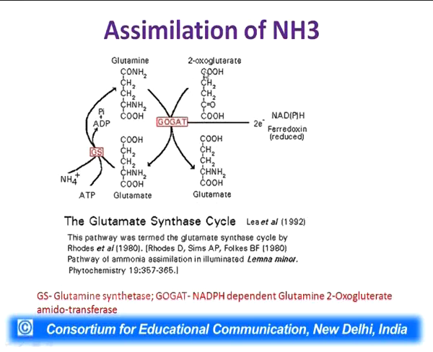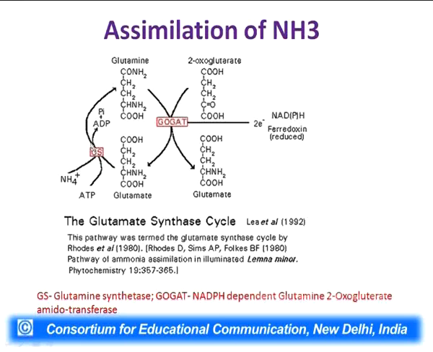Alpha ketoglutarate is an intermediate of carbon metabolism, and this can convert into glutamate, and this glutamate can take ammonia with the help of ATP. There is an enzyme called glutamine synthetase or GS.